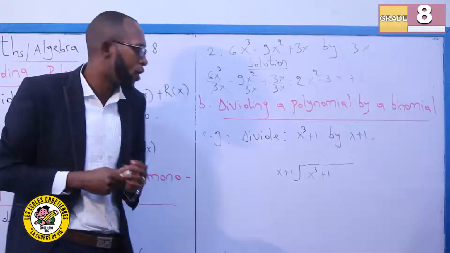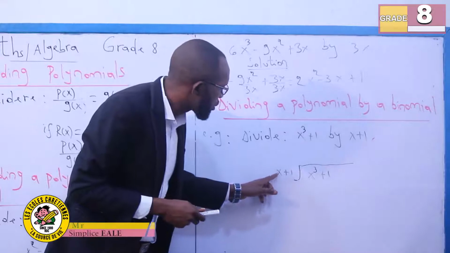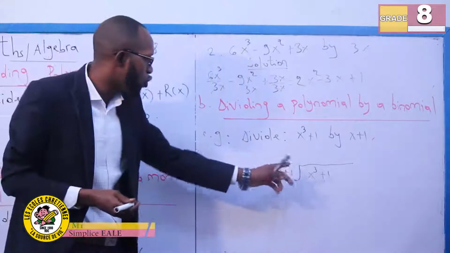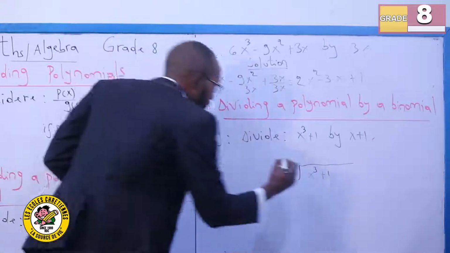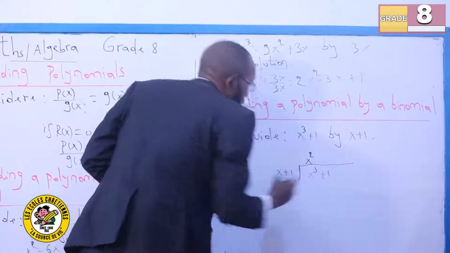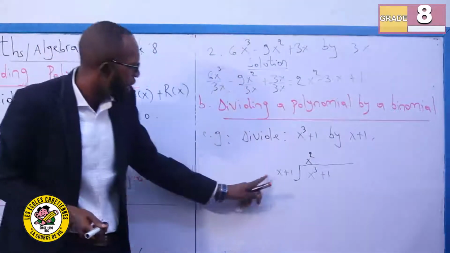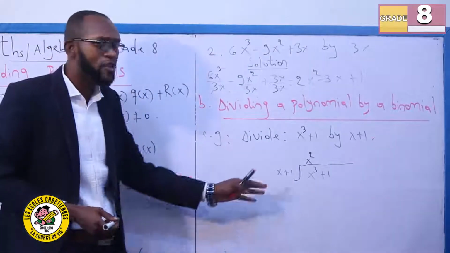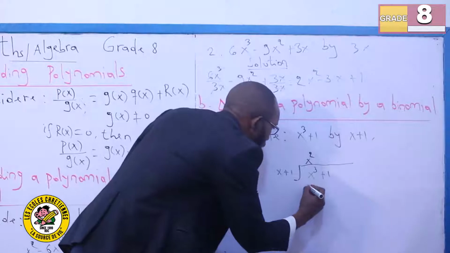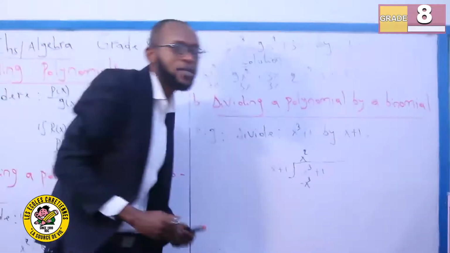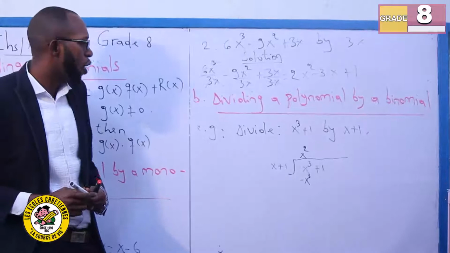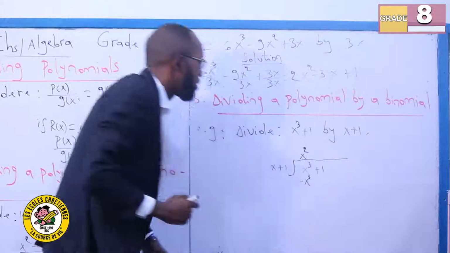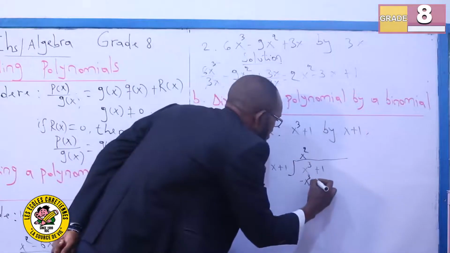Which term can I multiply by x to get x cubed? I put x squared. X times x squared is x cubed. When it comes here, the sign changes and we have minus x cubed.